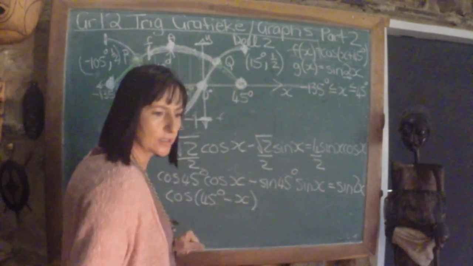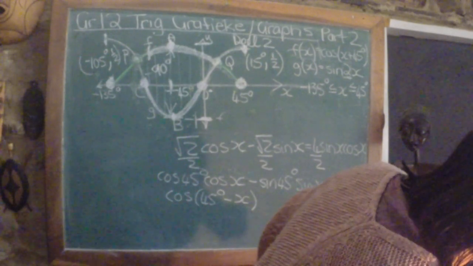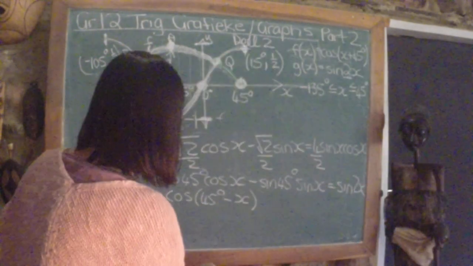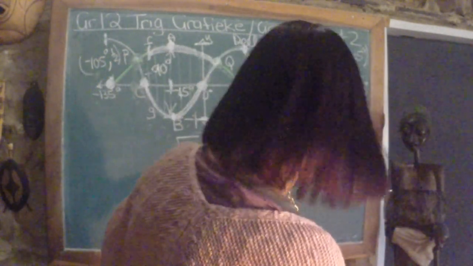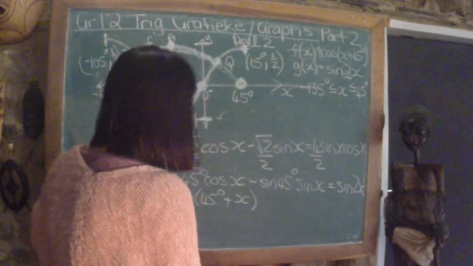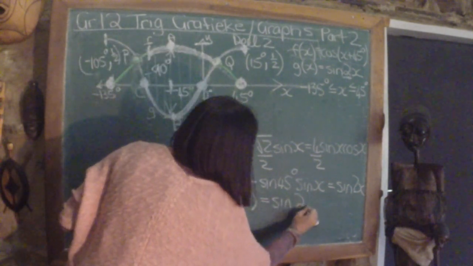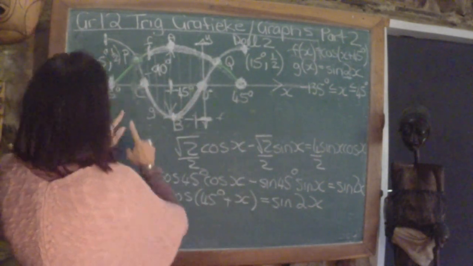And that's going to be, is it minus x, plus x? Let me just quickly make sure. It's going to be a plus. Make sure that you know that very well. Must be a plus. And now you can go to your graph again. En dit is hierdie twee funksies, waar is hulle gelyk aan mekaar?